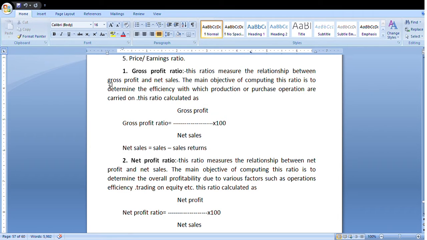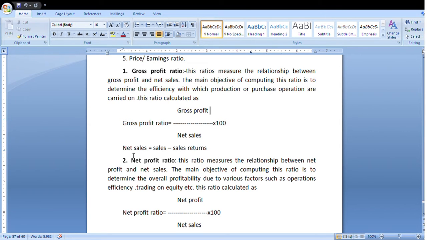For that purpose use the formula: gross profit ratio is equal to gross profit by net sales into 100.